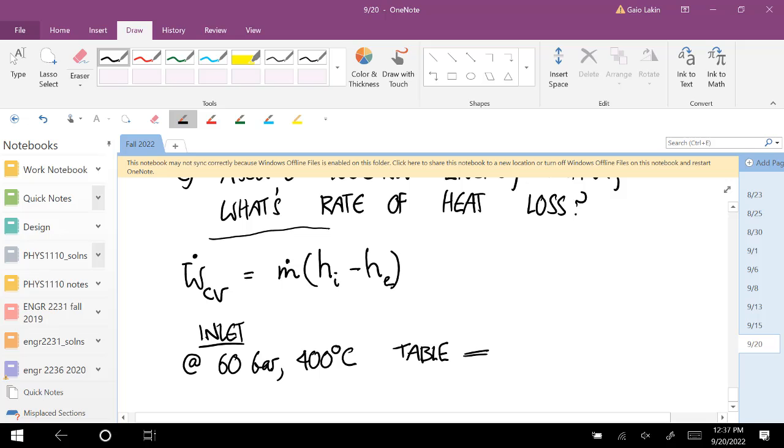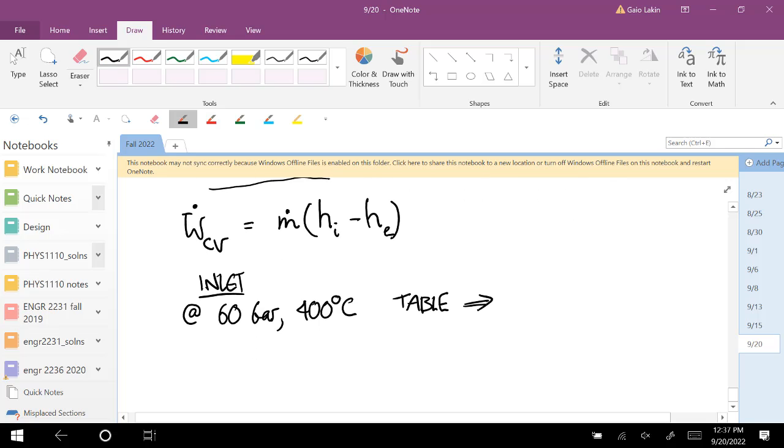The table gives that h1 is 3658.4 kilojoules per kilogram. So I'm going to write this in SI units: times 10 to the third joules per kilogram.